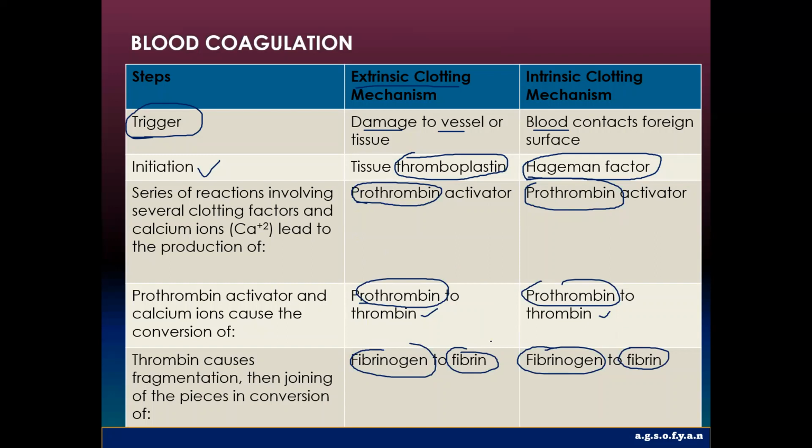The final result will be the same, which is that the fibrin will become what we call the blood clot. Extrinsic starts with the damage of the blood vessel. For intrinsic, there is no damage in the blood vessel, but some intrinsic factor like collagen can cause this clotting inside the blood vessel.